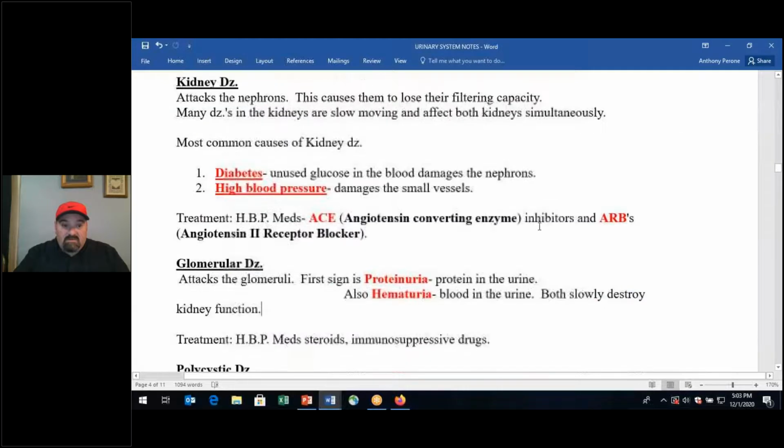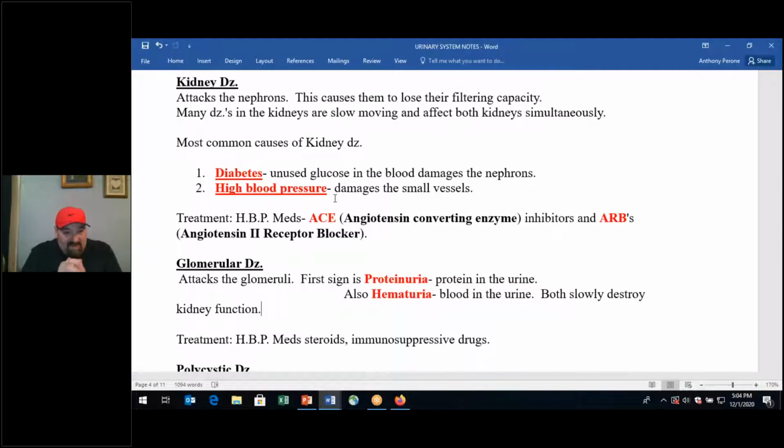As far as diseases of the kidneys, it's attacking the nephrons, and that's a key issue. Again, filtration, reabsorption, secretion. Remember those, that's what the nephron is doing in order to produce a concentrated urine. Diabetes and high blood pressure can affect the function of the nephrons and lead to their destruction, in particular high blood pressure.